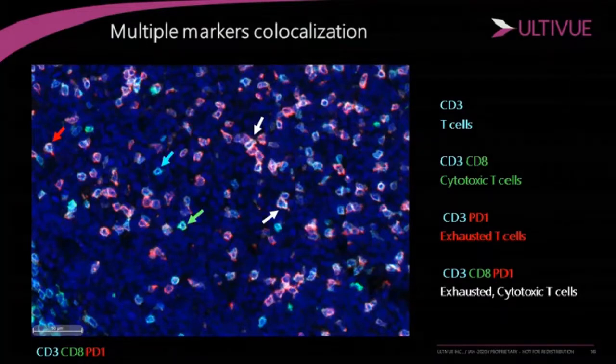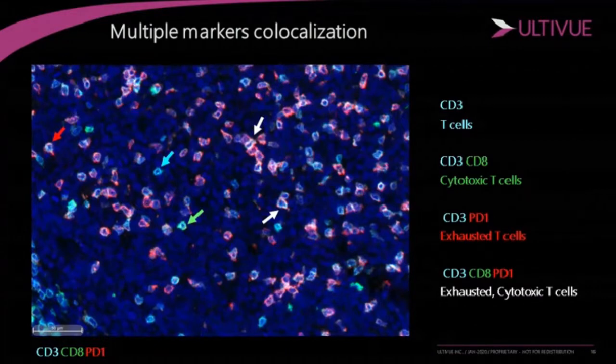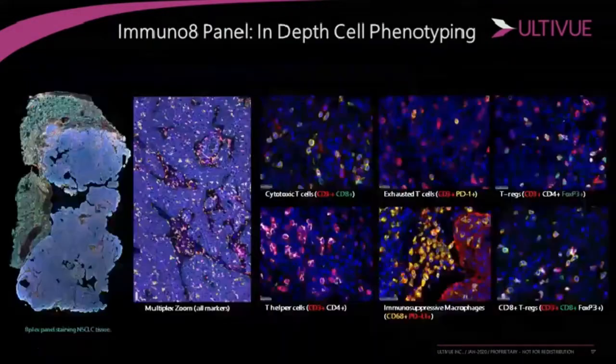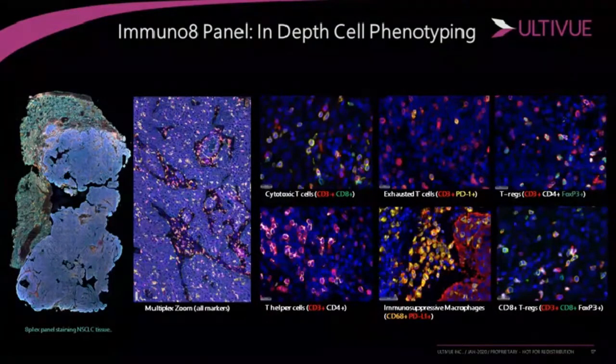And this is something that allows us to look at what we call in-depth cell phenotyping, which you see here with some examples of the subtypes of immune cells that you can identify based on different combinations of the markers that we have in this panel.